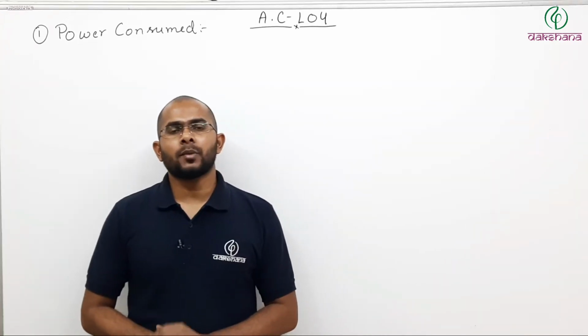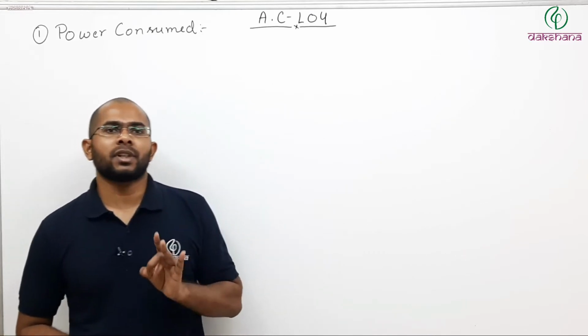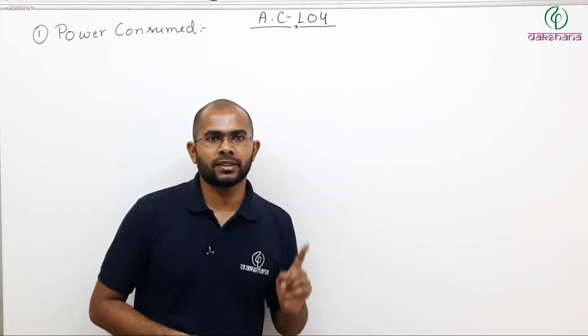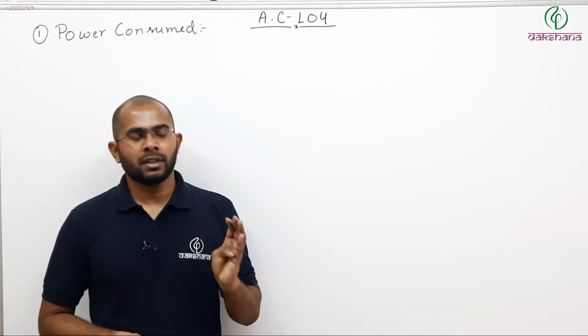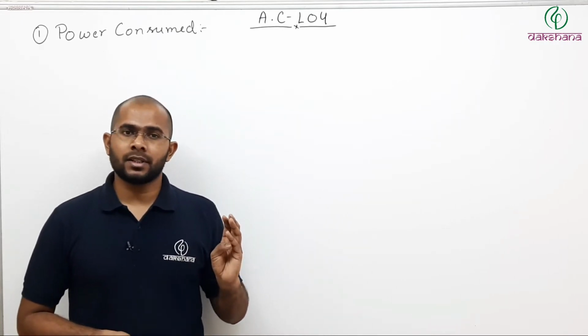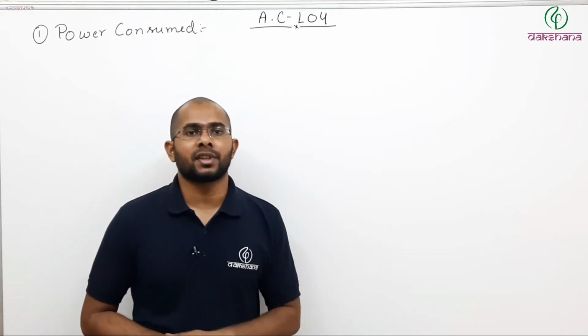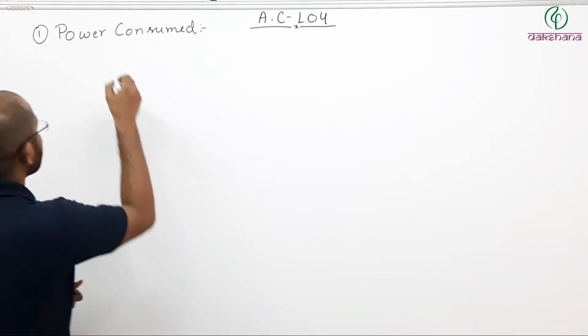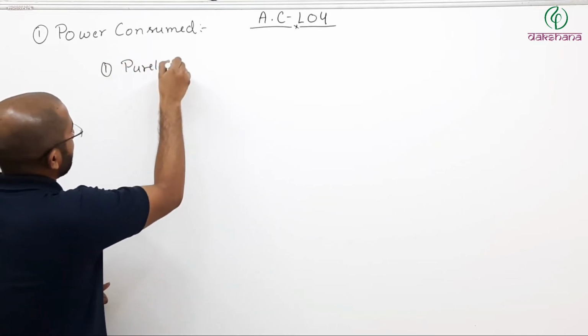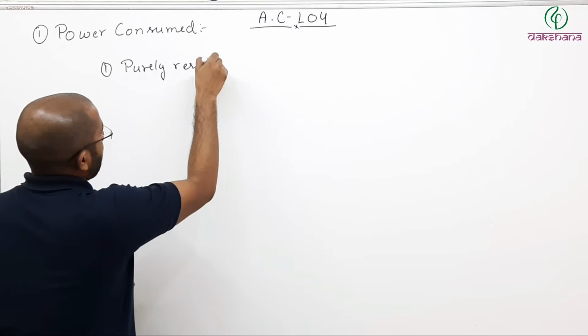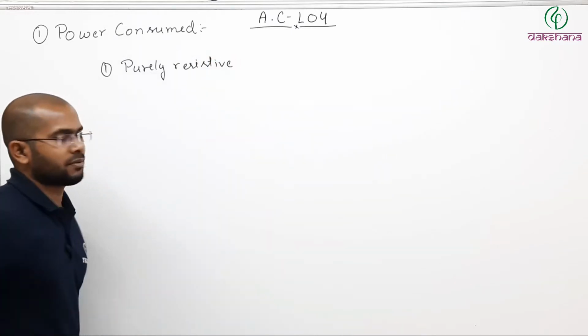Now let us talk about power consumed in three kinds of circuits that we have already studied. What are the three circuits? We have studied purely resistive, purely capacitive, and purely inductive circuits. Let us talk first about the purely resistive circuit.